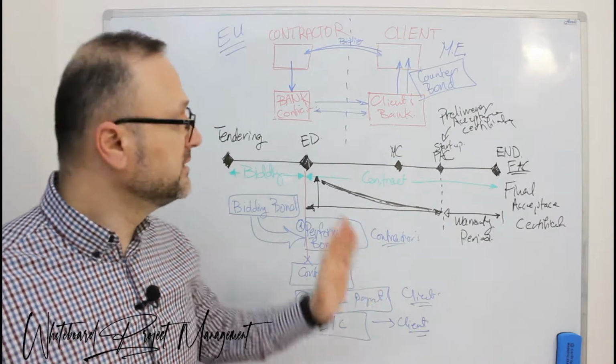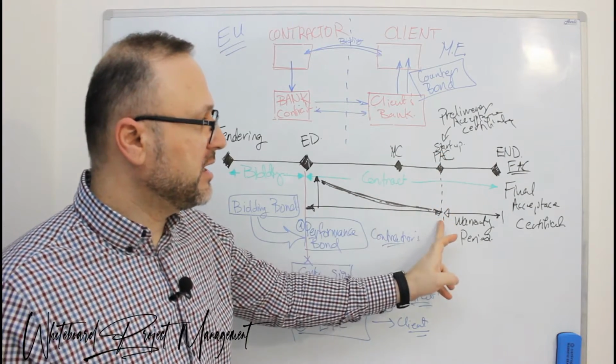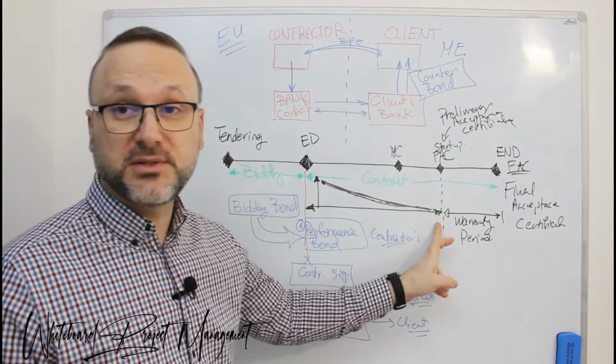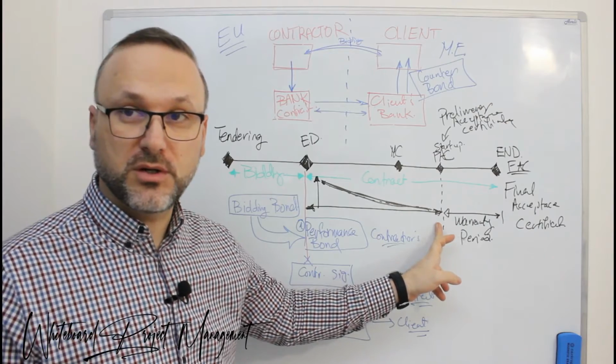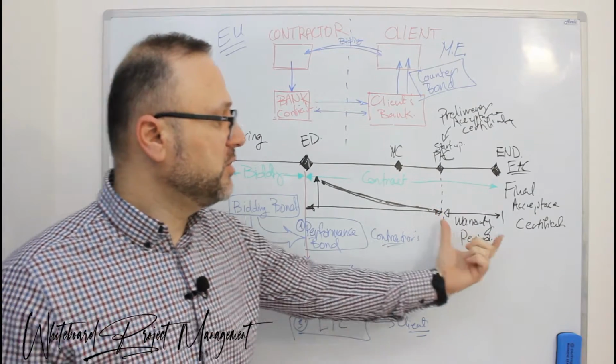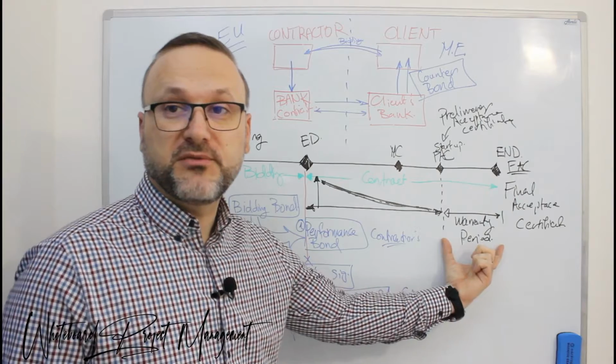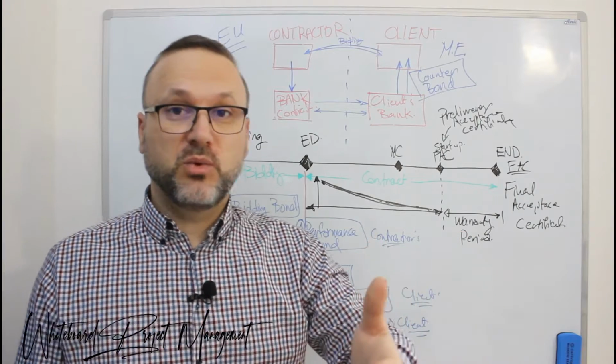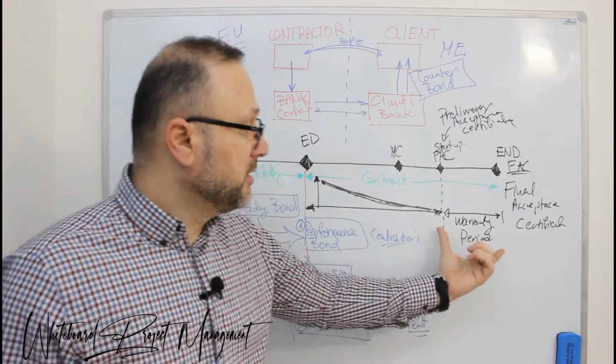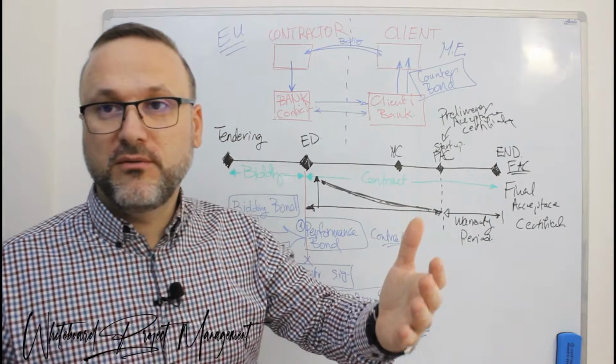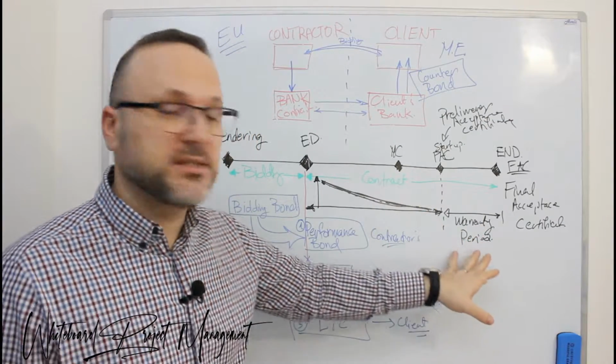Okay, another part: once you are at the preliminary acceptance certificate, you have completed your work and you start your warranty period, which is specified in the contract. This could be 12 months, 24 months, 3 years, 4 years, whatever is defined in the contract.